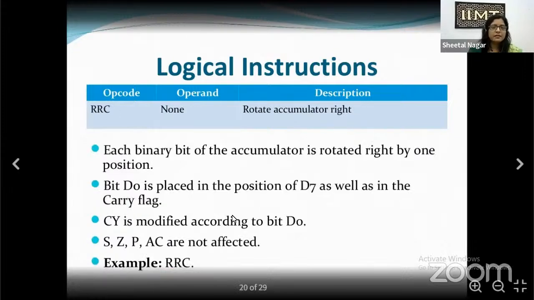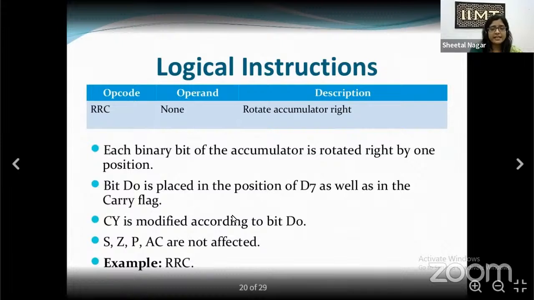Now next one is our rotate instruction, that is RRC. We use this instruction to rotate the contents of the accumulator in the right direction. Each binary bit of the accumulator is rotated right by one position. Bit D0 is placed in the position of bit D7 as well as in the carry flag also.